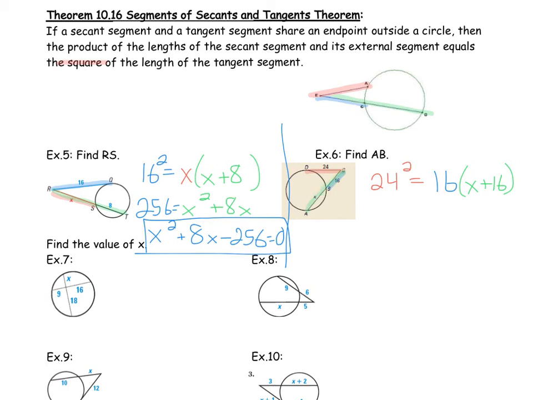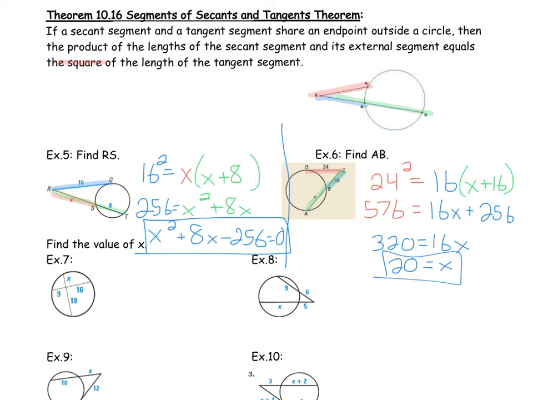All right, so we've got 24 squared, which is 576. And then I need to distribute on the other side, so 16x plus 256. And then we solve that just like we typically would. So we'll subtract, get 320 equals 16x. And then if you divide, we get 20 equals x, or x equals 20.